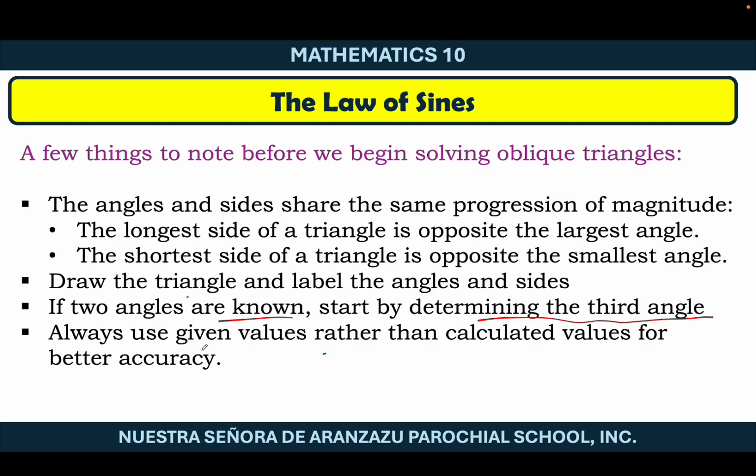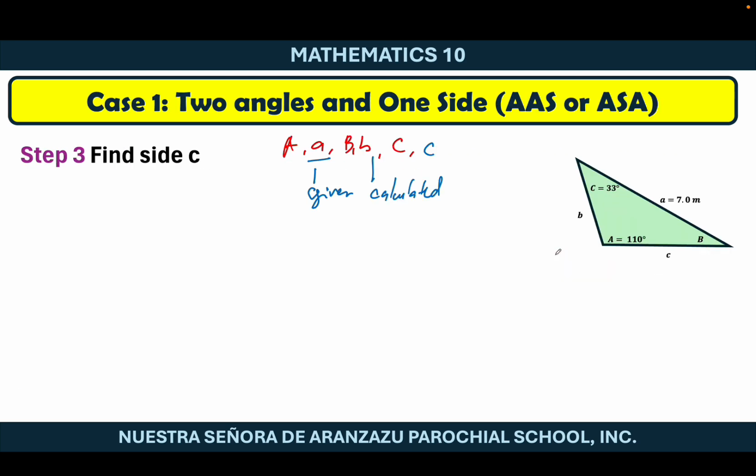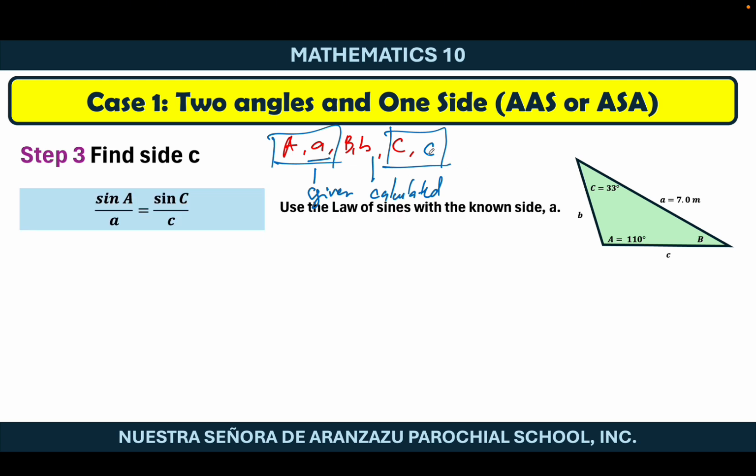Always use the given values rather than the calculated values for better accuracy. That is our practice for the law of sines. So if we are going to use the given values, this pair and this one will be used, so that is sine A over a is equal to sine C over c.